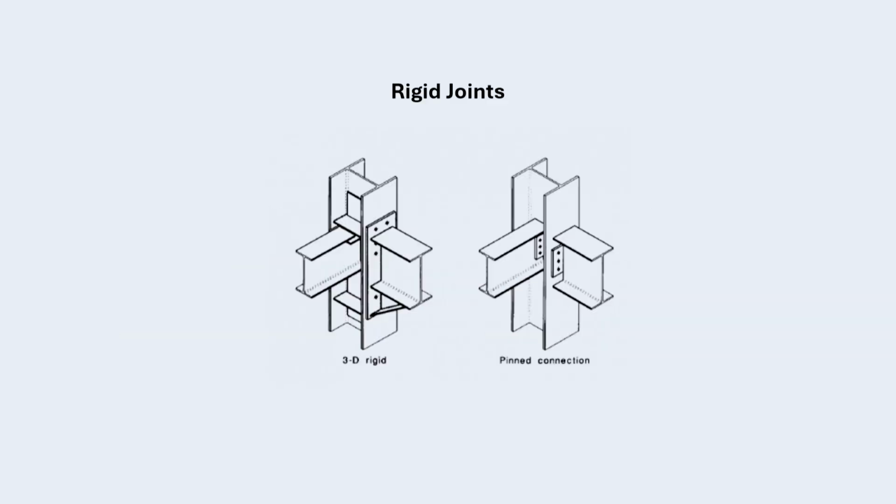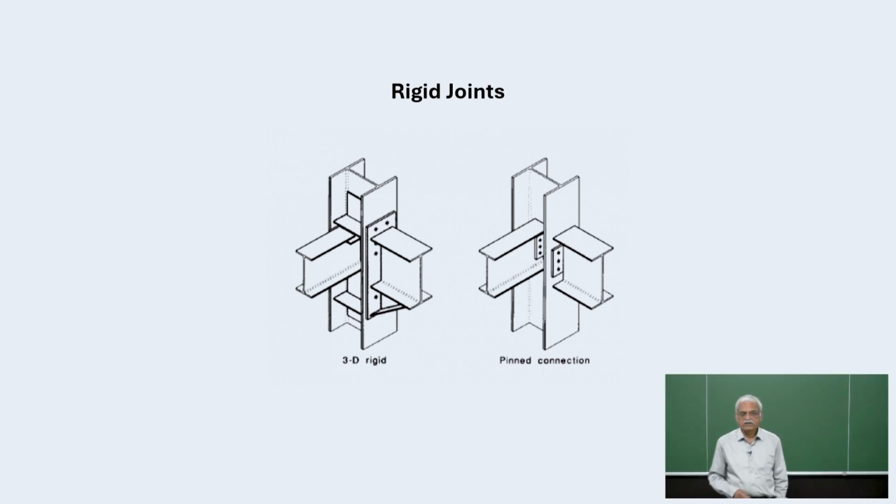For example, if you look at these rigid joints, this is actually the practice where they're joined by welding or maybe rivets or maybe long bolts, where the joints are fixed or rigid. Whereas the earlier one, in the truss type of structure, has pin joints.